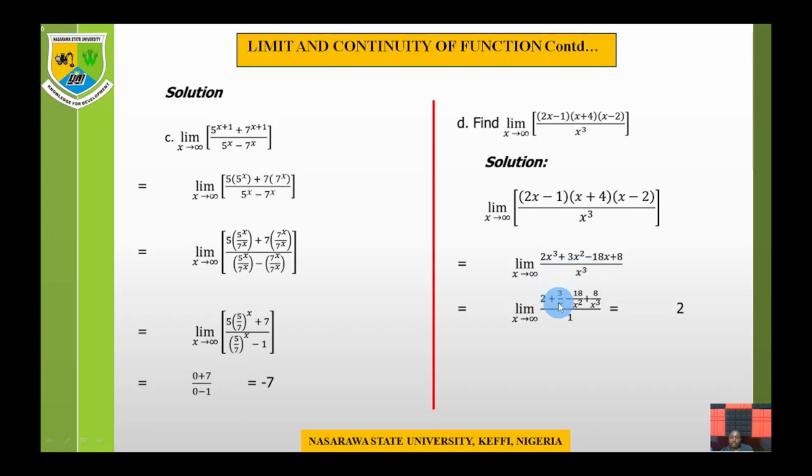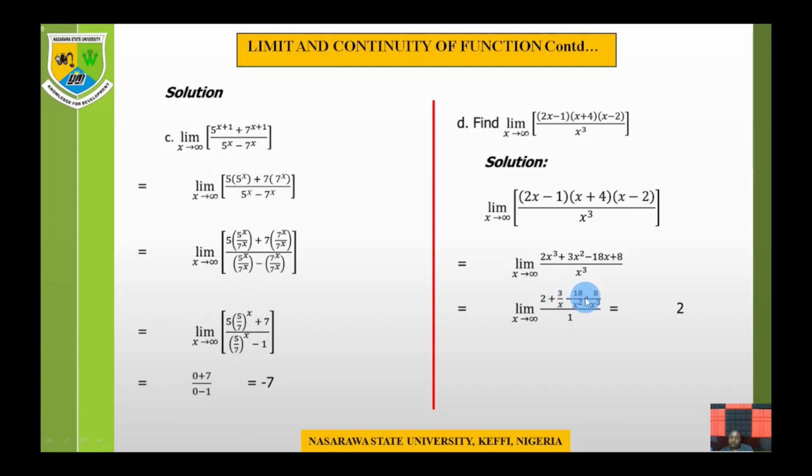When you do that, the numerator will now be 2 plus 3 over x minus 18 over x squared plus 8 over x raised to power 3, all divided by 1, because x raised to power 3 divided by x raised to power 3 is 1. So when you allow your x to approach infinity, 3 divided by infinity will give you 0.